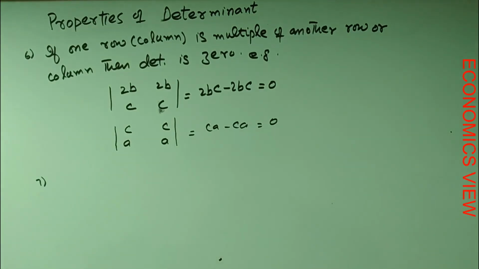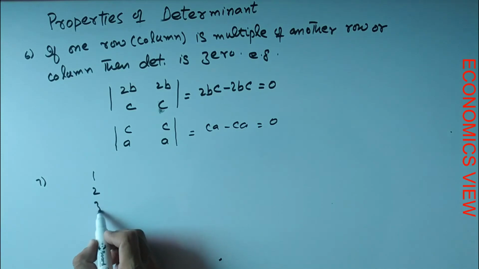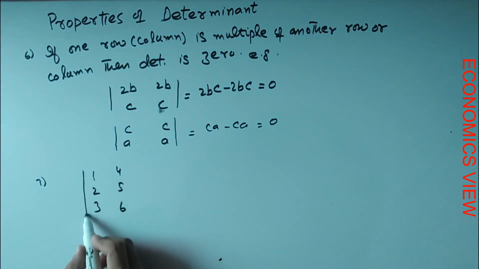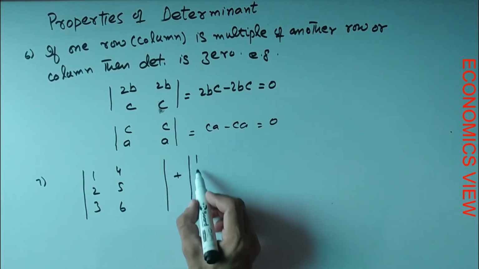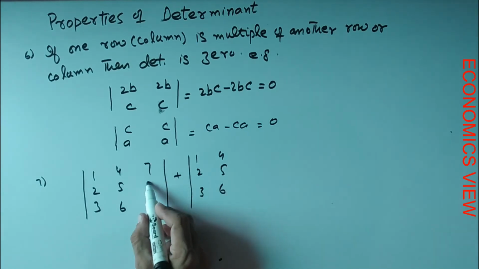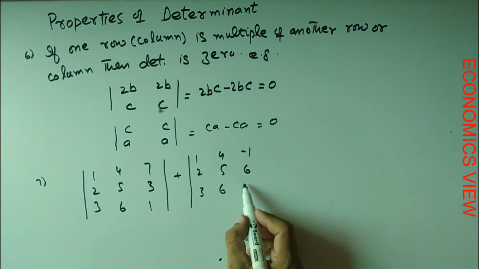Number 7. If we have two determinants, like I can say 1 2 3 4 5 6 plus 1 2 3 4 5 6 7 3 1 minus 1 6 2.